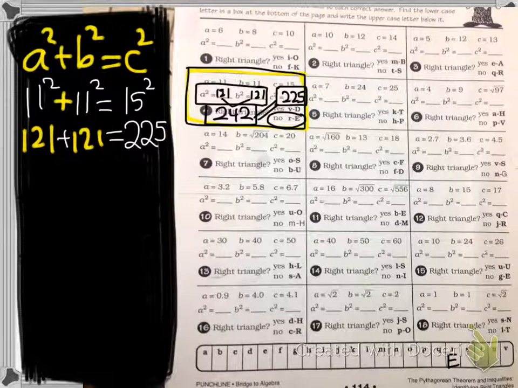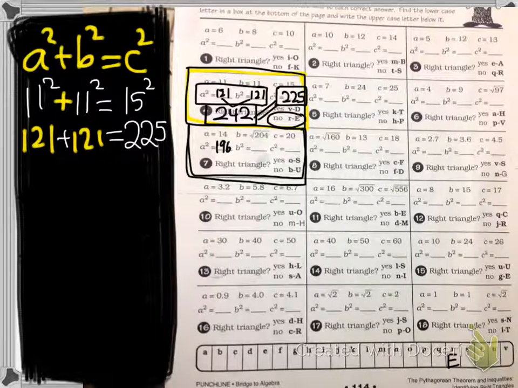Let's go down and do one more example for you, and hopefully we can do this. Let's do number 7 right here. So if we take and square A, we get 196.